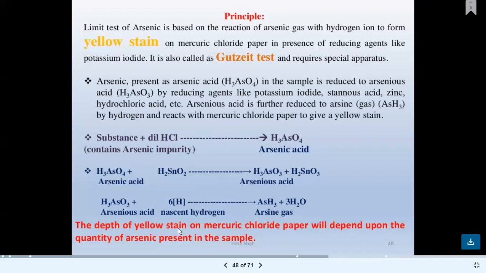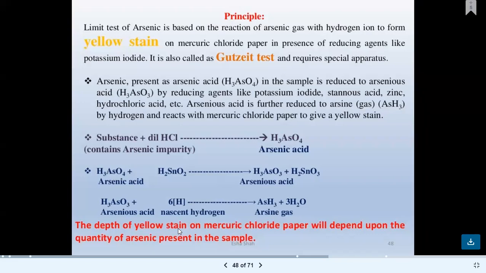Firstly, we convert the impurity into arsenic acid. Next, arsenic acid reacts with stannous chloride, potassium iodide, zinc, and hydrochloric acid and gets converted into arsenious acid. Arsenious acid then reacts with the nascent hydrogen, and the arsenic impurity gets converted into arsine gas.